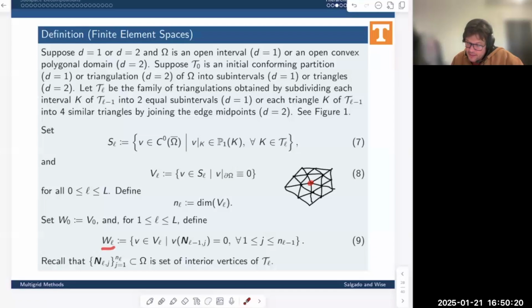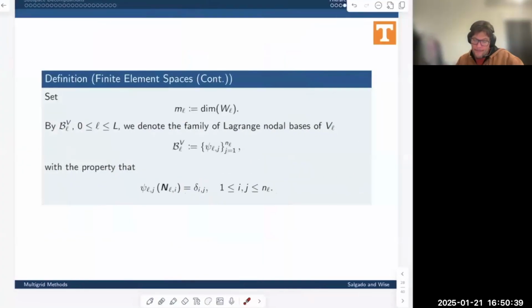Namely, this guy has to be set equal to 0. All the rest of them, these 5, can be non-zero. But the one for this degree of freedom, because it was associated with the coarse mesh, has to be set equal to 0. That's how we're prescribing these WLs. So that's how W2 would be defined.